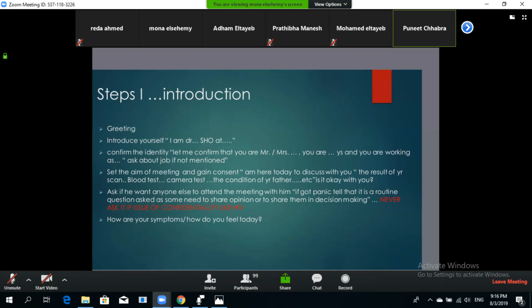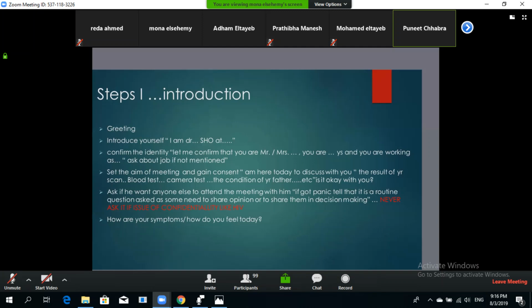If you are talking to a relative and the patient is conscious or competent, you have to ask the relative, I assume you took permission from Mr. or Mrs. so-and-so to talk about his condition. Even if it is written in the paper outdoors that he already gave permission, you should ask about this.